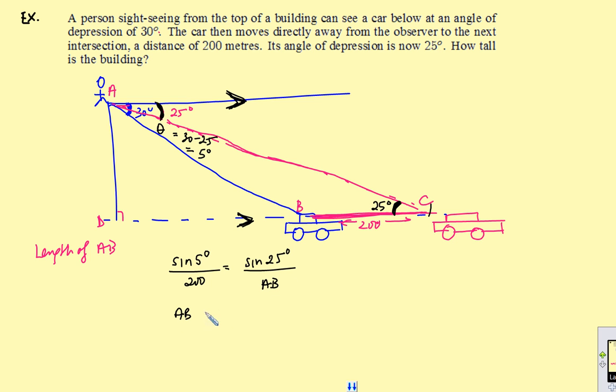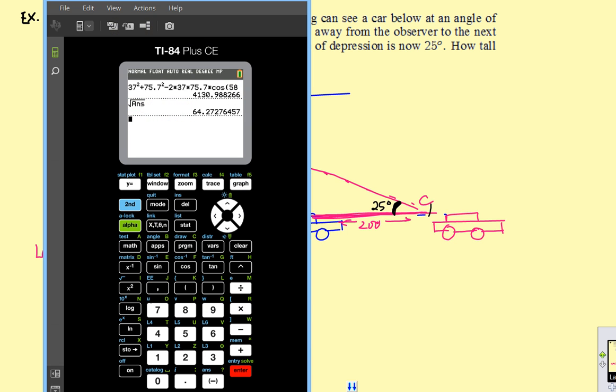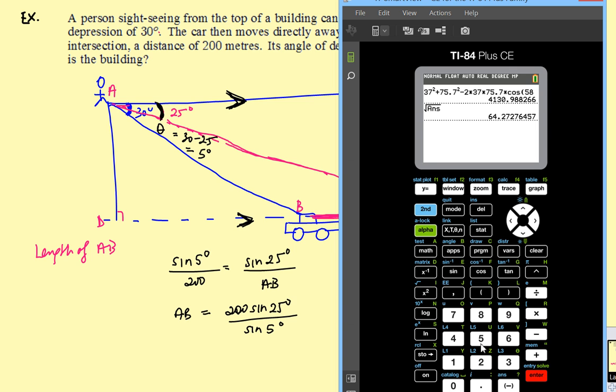So that AB will equal 200 sine of 25 divided by the sine of 5 degrees. And when I work that out, I will get 200 times the sine of 25, and I will divide that by the sine of 5 degrees, and I end up with, oops, I just messed that up, so let me try it again.